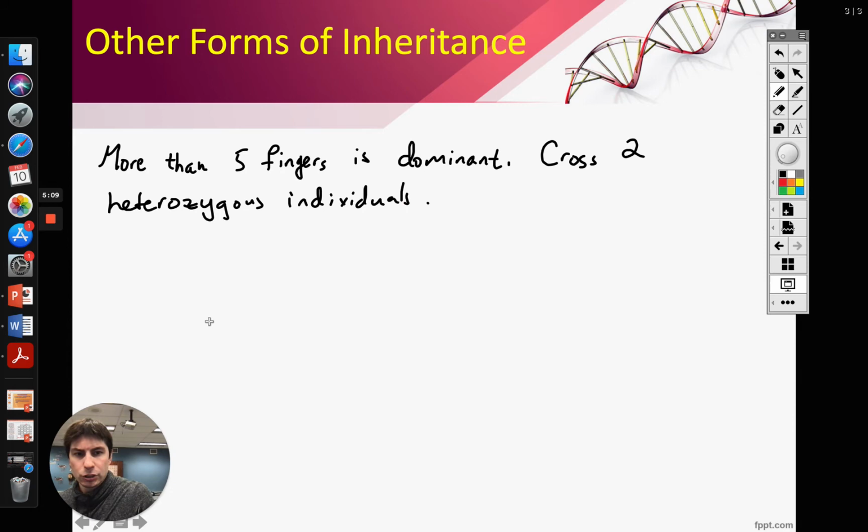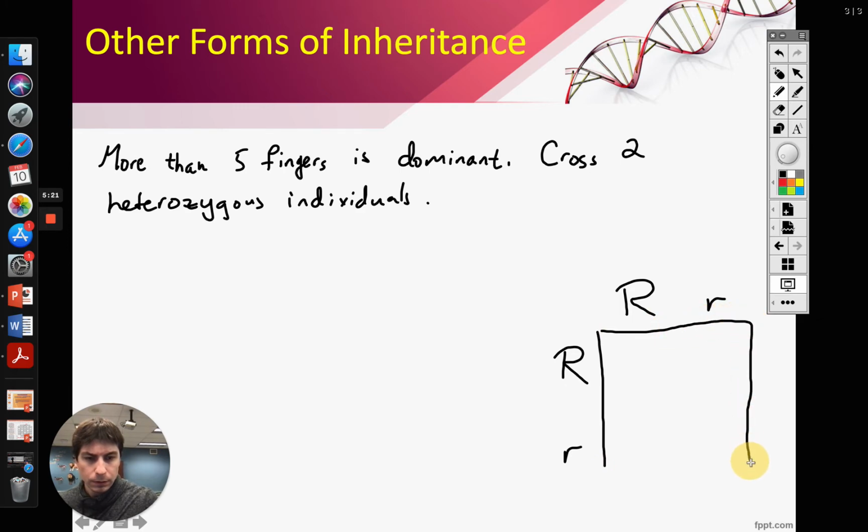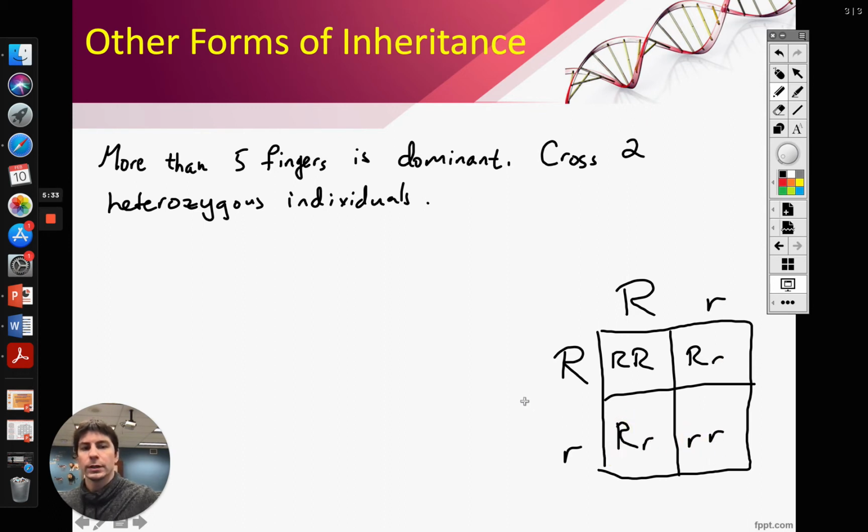All right, so I'm just going to use R. Make my Punnett square here. And we're going to have big R, big R, big R, little r, big R, little r, and little r, little r.